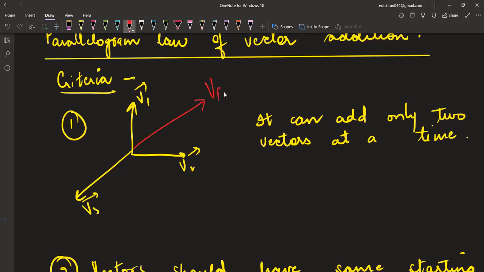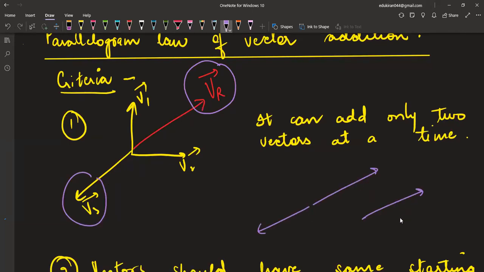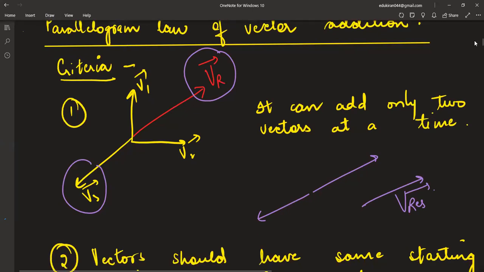Then this resultant and the next vector will be calculated, and finally a final resultant as the answer will be obtained. Understood? If you have three vectors, four vectors, all located in different directions, you won't be able to solve using a single parallelogram. You have to break up in two parts, two vectors at a time. Then one more vector will get added, then further one more vector. Like this, you have to solve all the vectors.